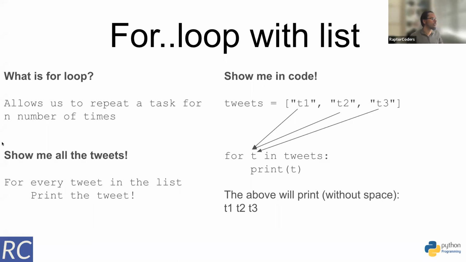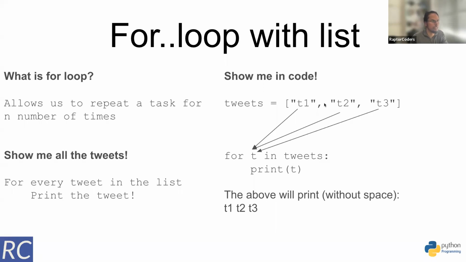All right. So the syntax of this for loop is here: for every tweet in the list, print the tweet. Now, see, in our tweets array, we have T1, T2, T3 for this example.